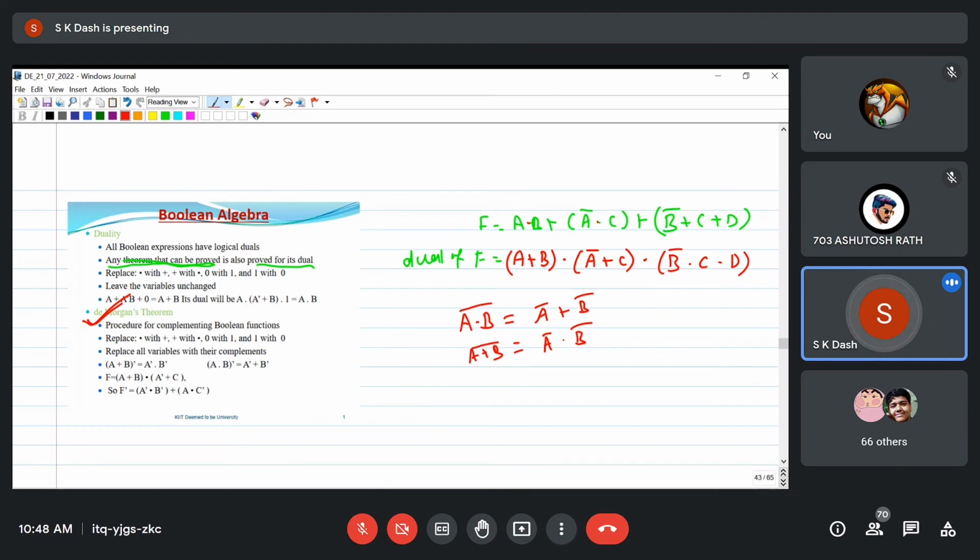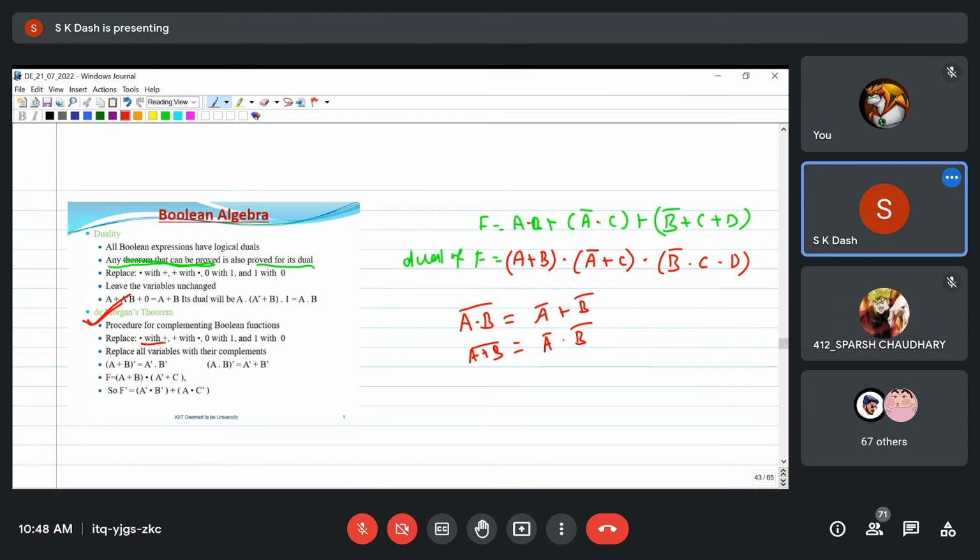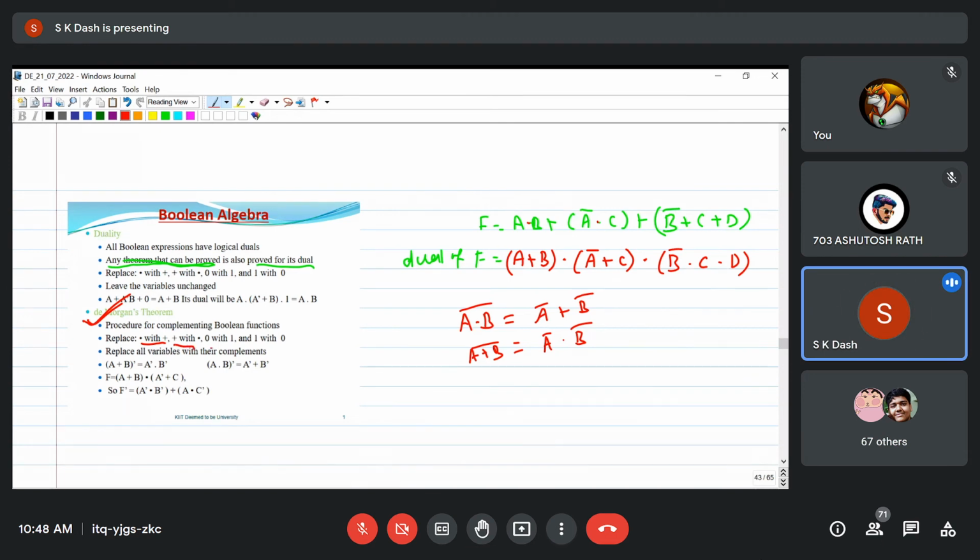Suppose a complicated function is given, means a long function is given, then how to find its complement? For that purpose, you need to follow the steps. First, you need to replace dot with plus, plus with dot, 0 with 1 and 1 with 0.